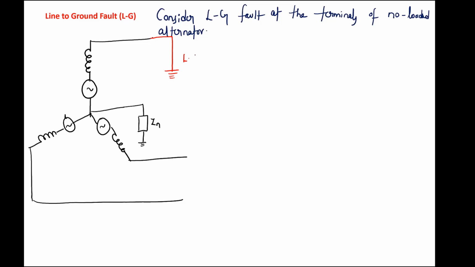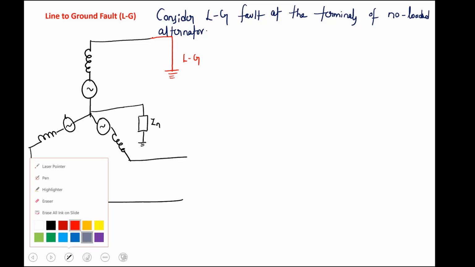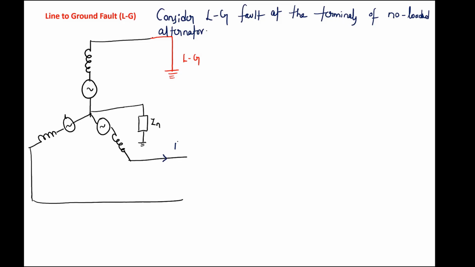This is an LG fault. Since the machine is under no load, the currents in phase B and phase C are zero because it is operating under no load condition before the fault. Now this is our fault current. Our fault current is equal to IA, the A phase current.